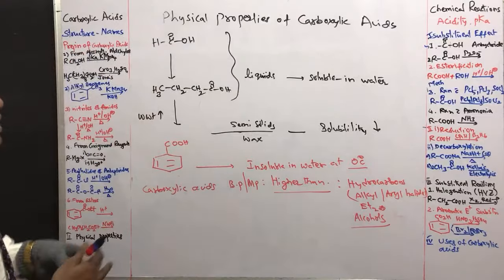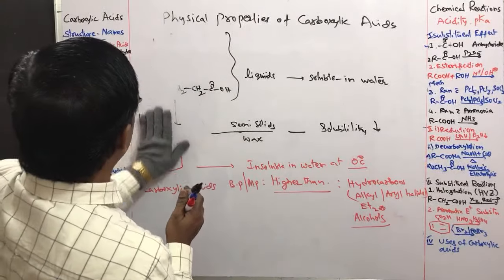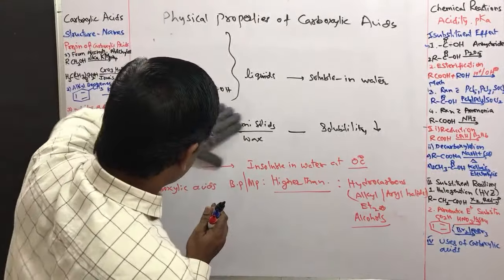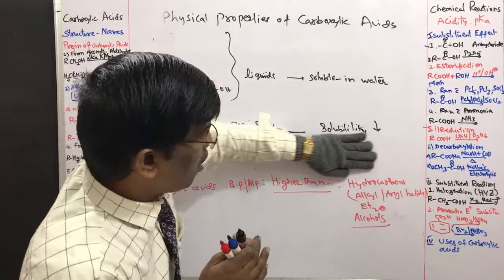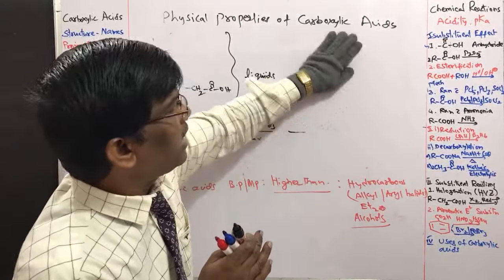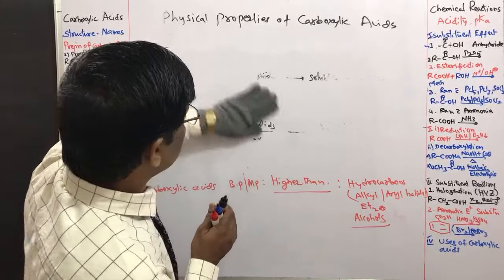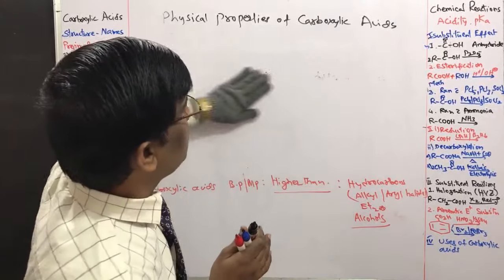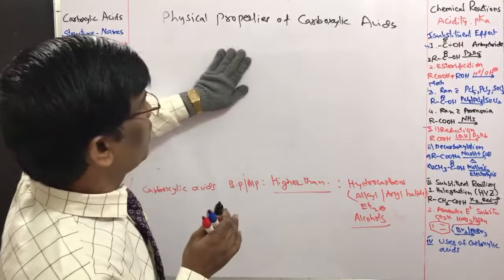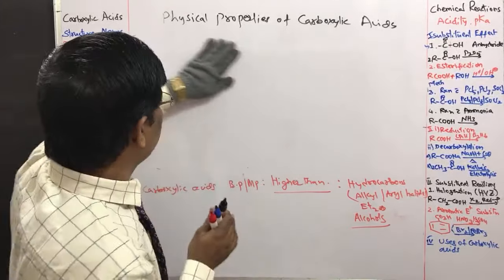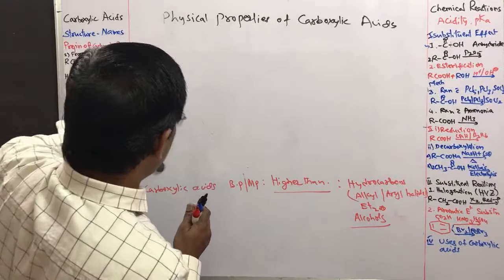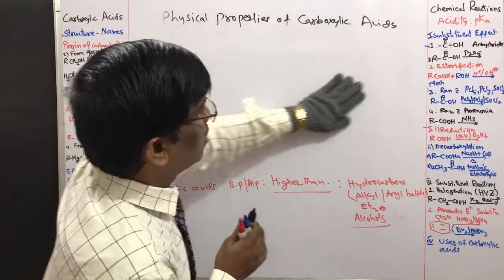Why? These carboxylic acids are going to have intermolecular hydrogen bonding which is very high in nature, because of its resonance structures. Carboxylic acids will be in dimer form, whereas alcohols also have hydrogen bonding but it is not going to be that strong.